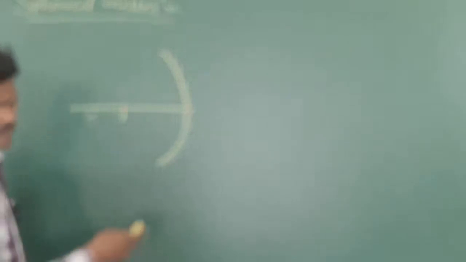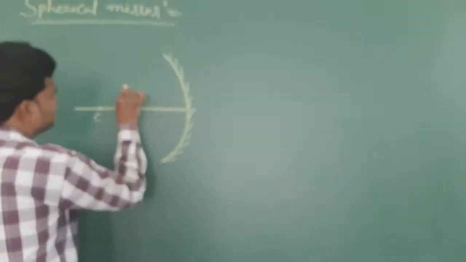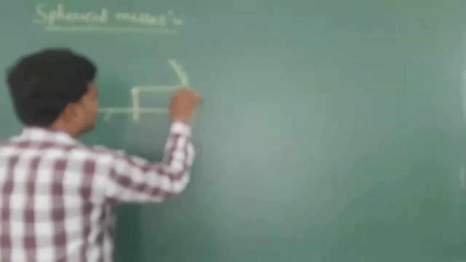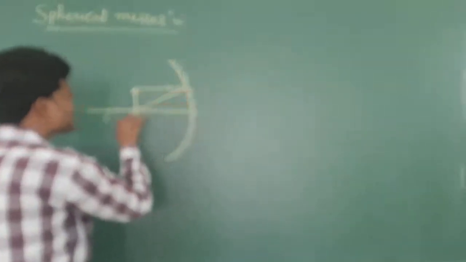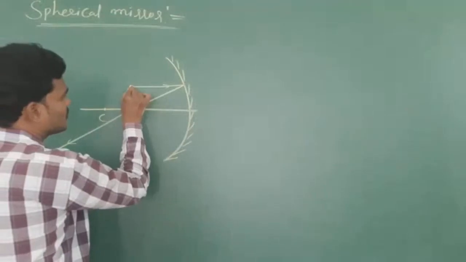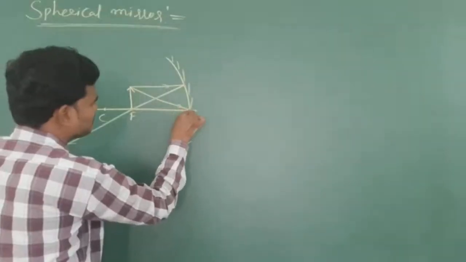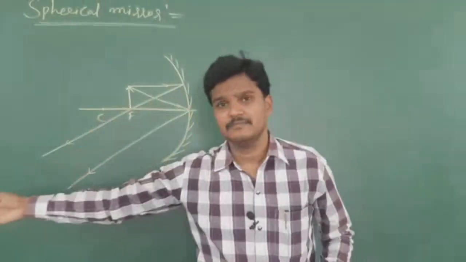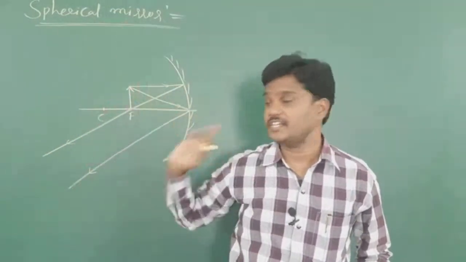If I place it here, then this light ray comes like this, parallel. One more light ray strikes this one, parallel. See, there are two parallel rays. Image is formed at infinity.